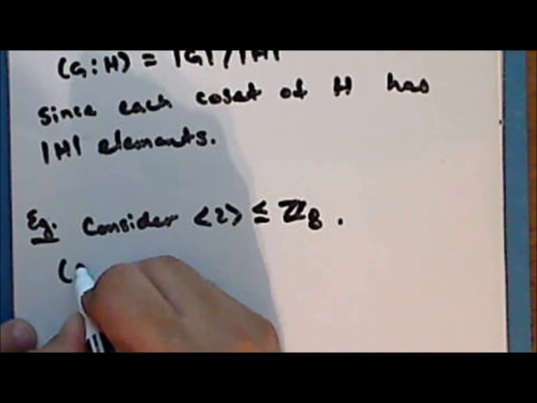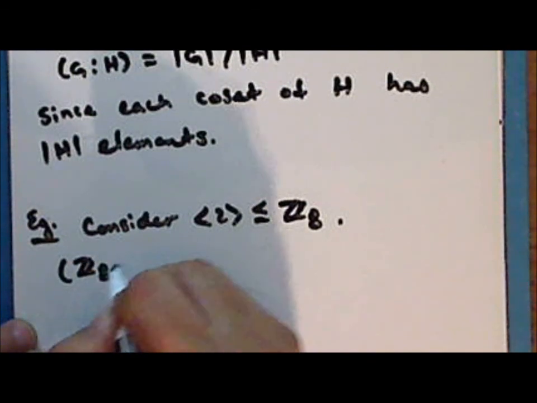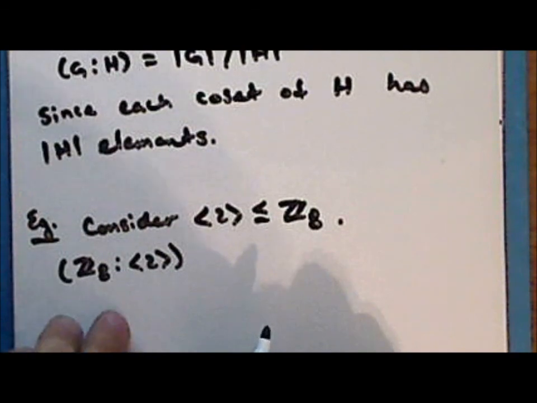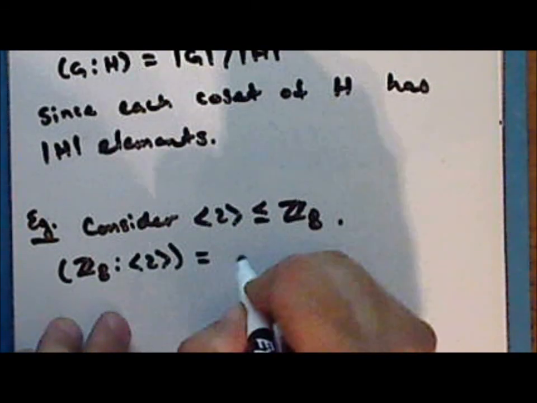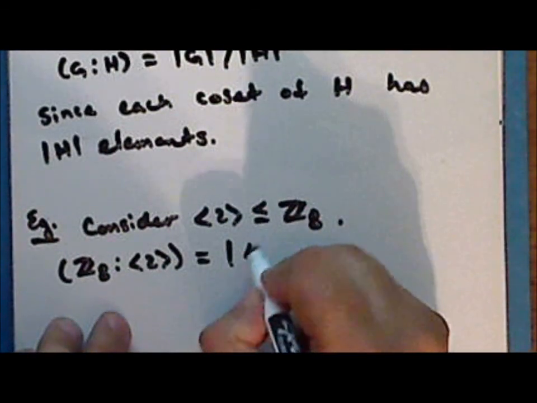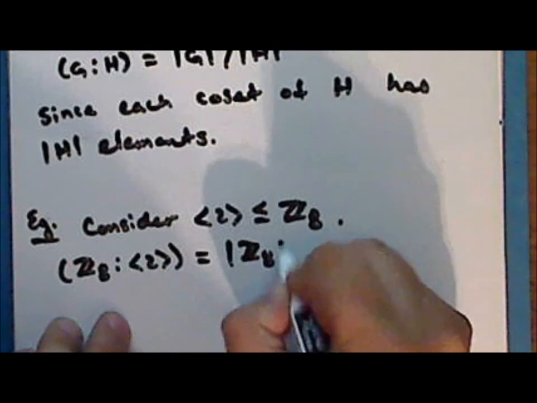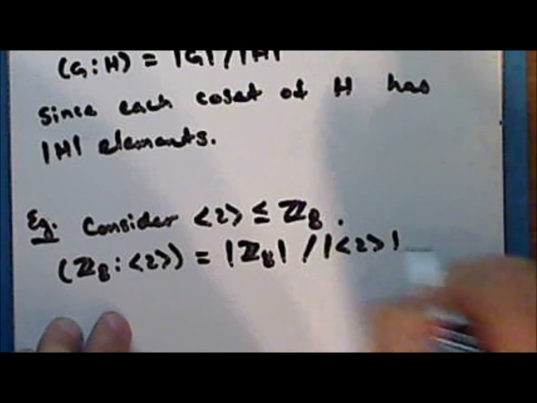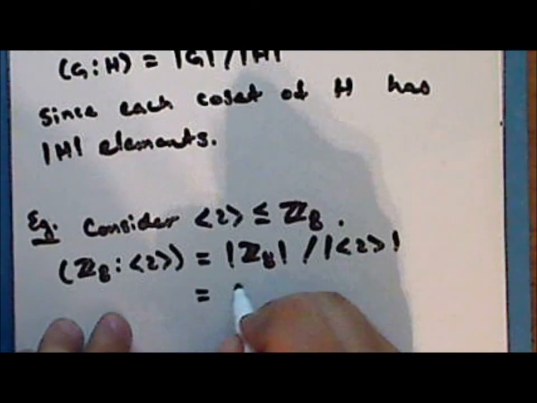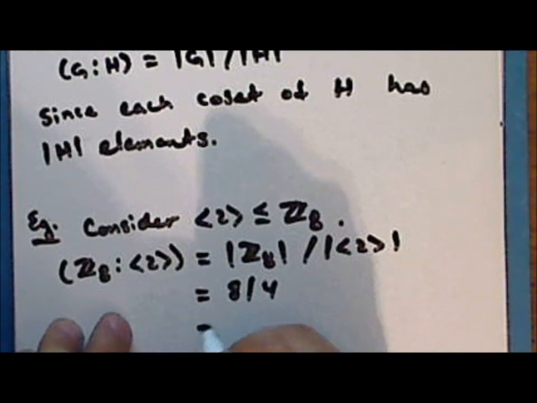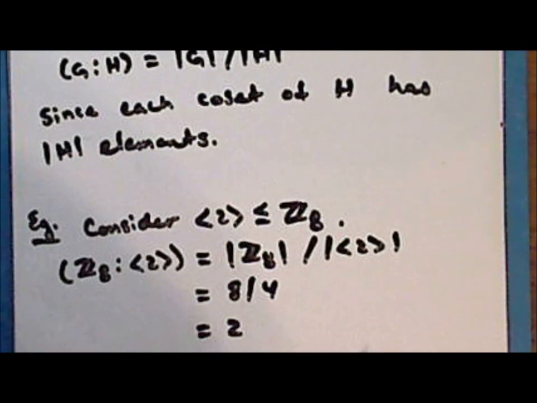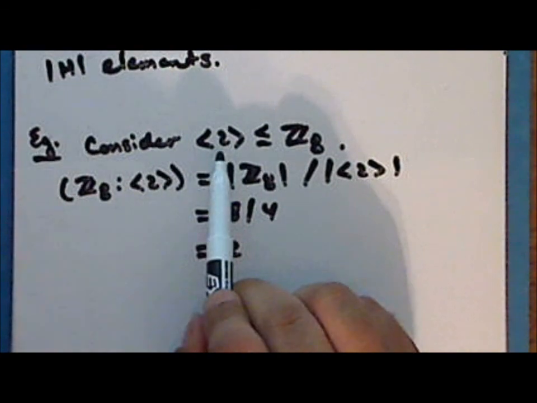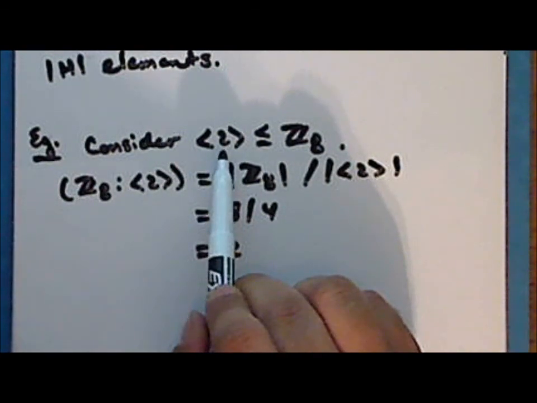The index of the cyclic subgroup generated by 2 in the group of integers modulo 8 is the order of the group of integers modulo 8 divided by the order of the cyclic subgroup generated by 2. And so this is 8 divided by 4, which is 2. And so there are two distinct left cosets of the cyclic subgroup generated by 2.